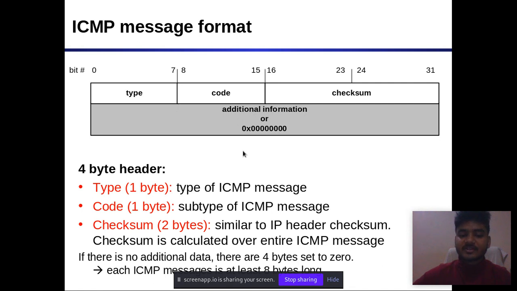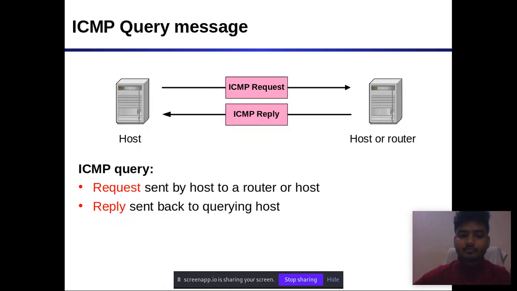The checksum is calculated over the entire ICMP message. If there is no additional data, the 4 bytes are set to 0, and each ICMP message is at least 4 bytes long. A request is sent by a host or router, and the reply is sent back to the host.